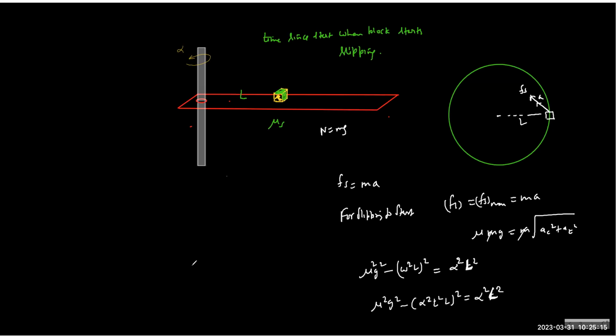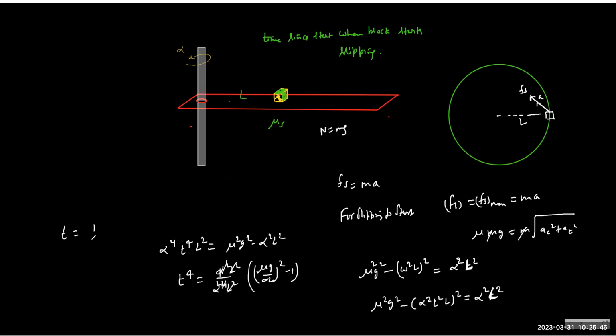So alpha power 4 t power 4 L square is mu square g square minus alpha square L square, and then t power 4 is 1 by alpha power 4 L square, mu g by alpha L whole square minus 1, and then I can bring alpha square L square common. So t turns out to be 1 by alpha square, mu g by alpha L whole square minus 1, power one-fourth.